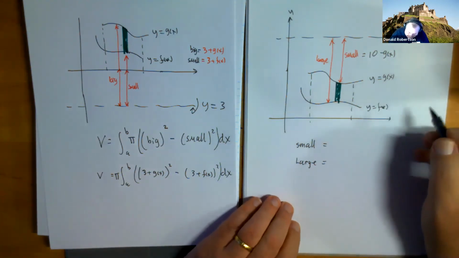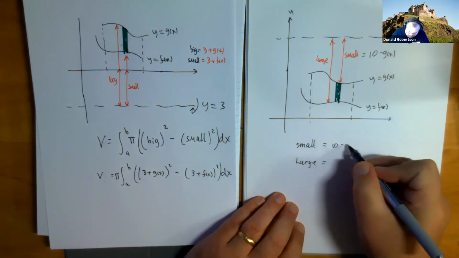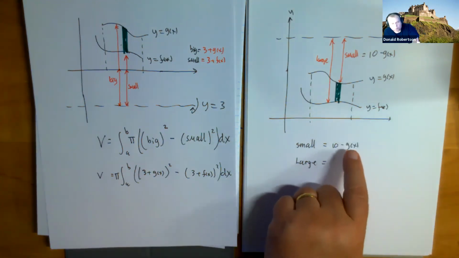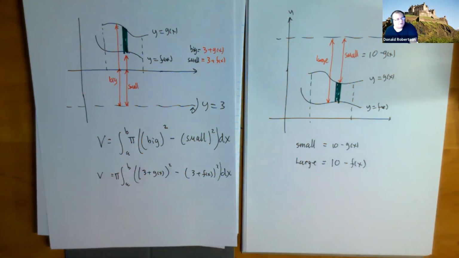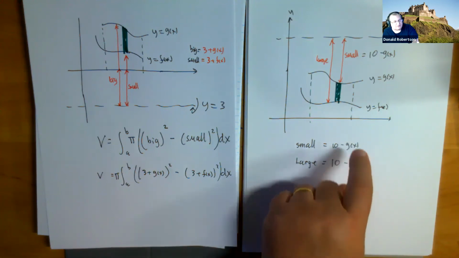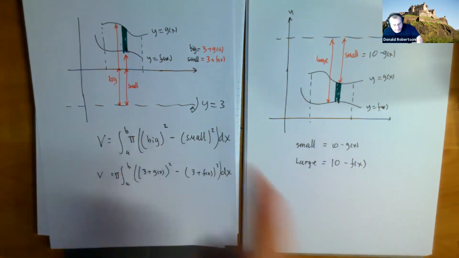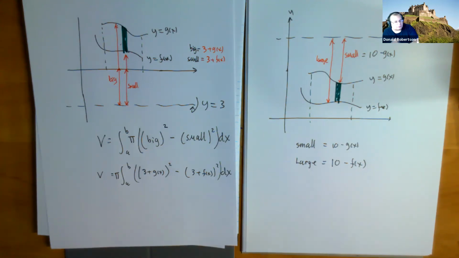And if you want to get the other one, once you've figured out what one is, you'll quite soon realize that whatever you do to get the one, you do the same thing to get the other. And so whatever f and g are, these are what I will use in big and small and squared and so on. So what we've covered here are all the permutations of one or two curves, x-axis or parallel to the x-axis situation.